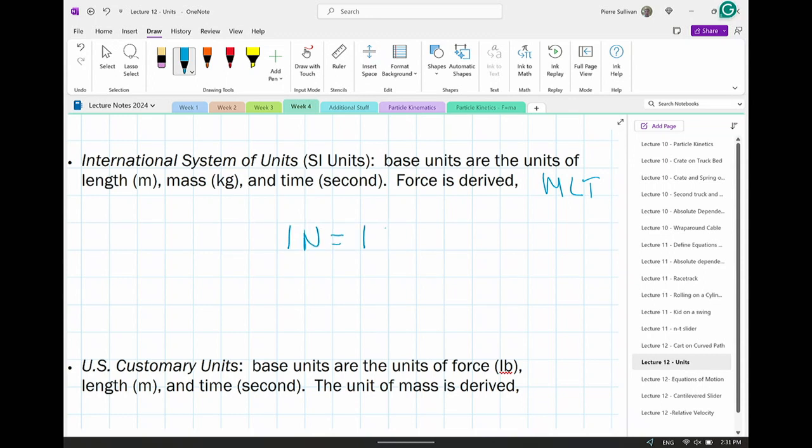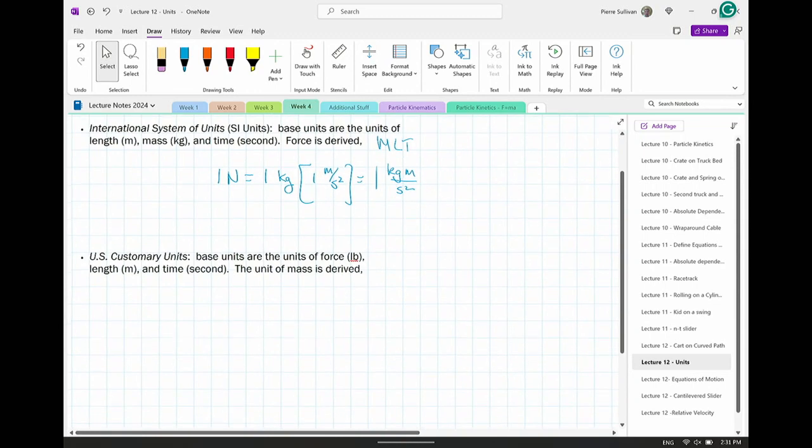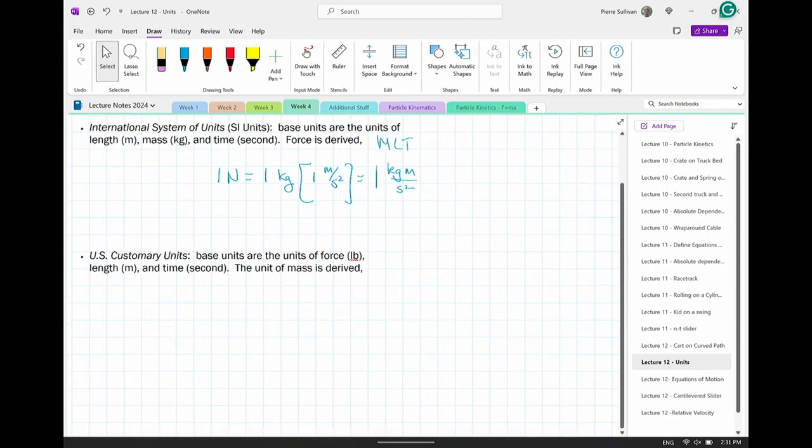In order to get a force, I have to multiply a mass times acceleration. So I'll end up with 1 kilogram multiplied by 1 meter per second squared, and I'll end up with those terms.